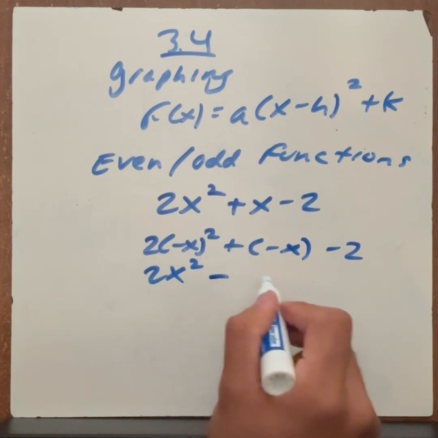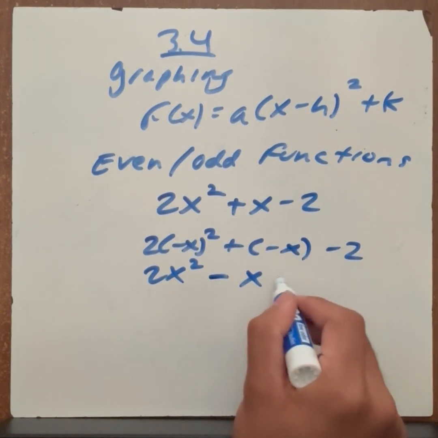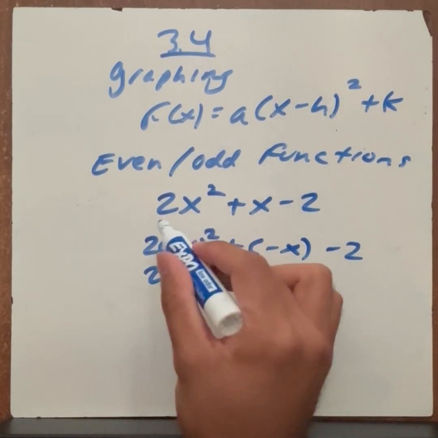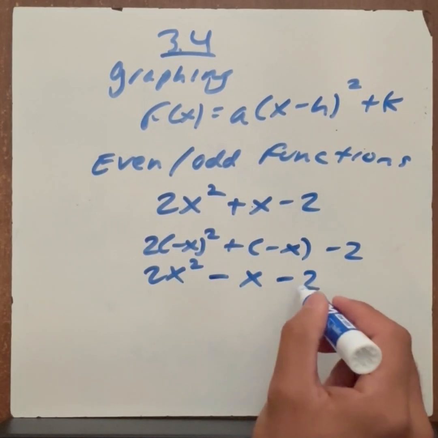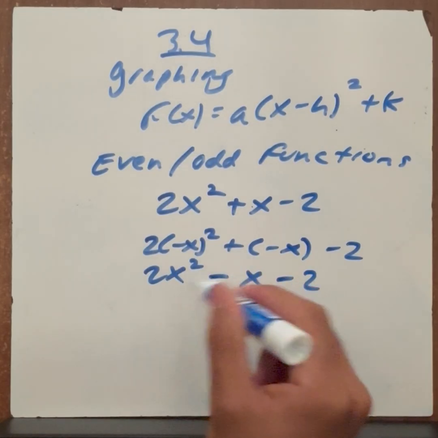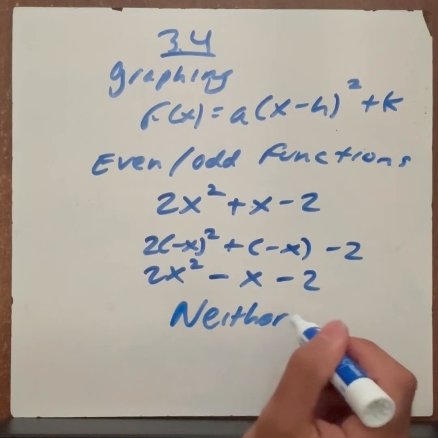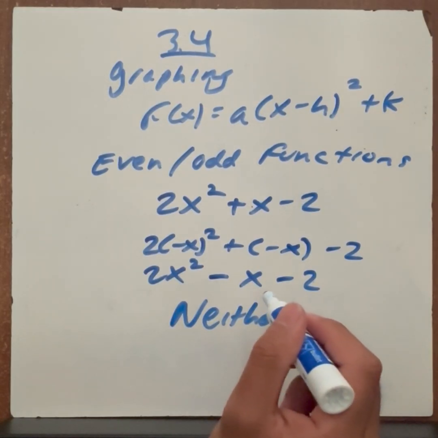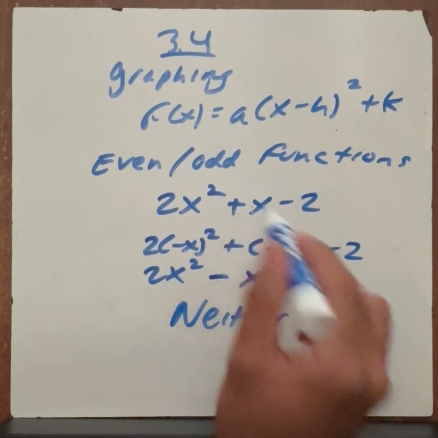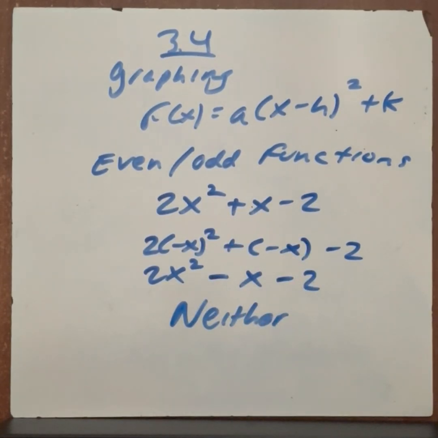This becomes minus x, and minus 2. So we notice that this sign stays the same, this sign changes, and this sign stays the same. Because some signs changed and some stayed the same, we call this neither. For it to be even or odd, it has to follow the rules: even stays the same as the original function, odd, all the signs change. Here, some signs changed and some didn't.